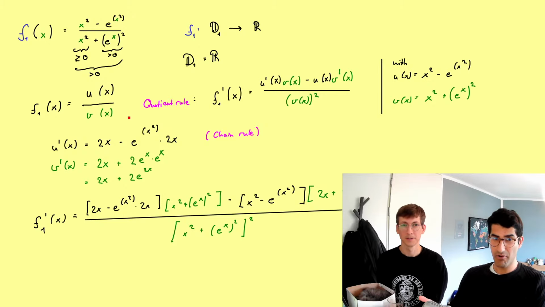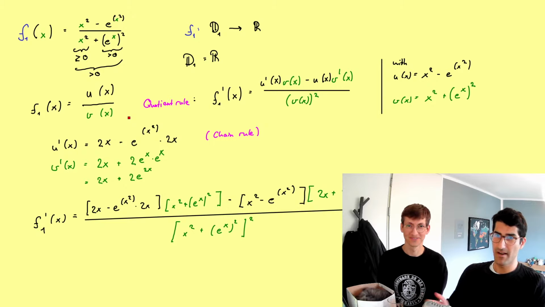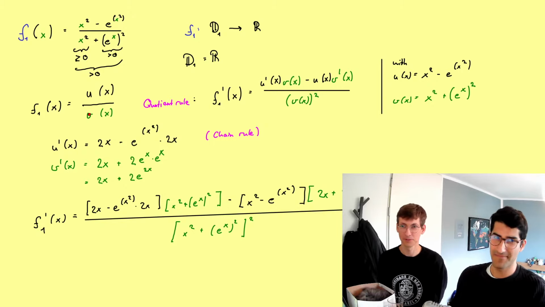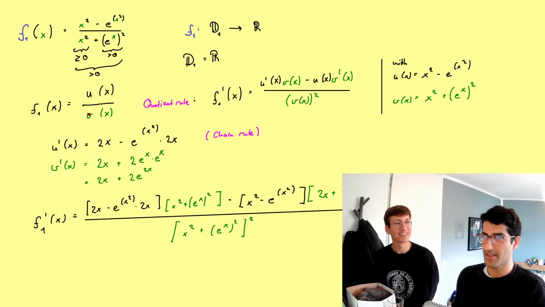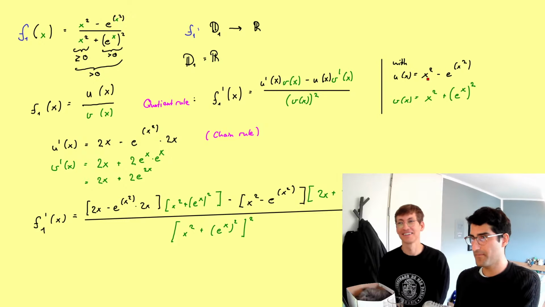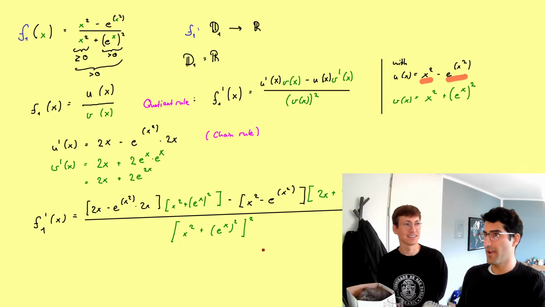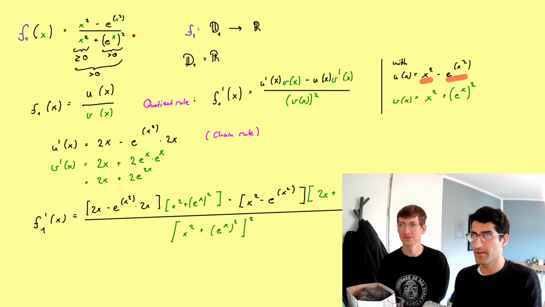So you translate the problem to another one, which is, well, why do we know that u and v are differentiable? And why do we know that u is differentiable? Because u is a sum of differentiable functions. So we have a first summand and a second summand.